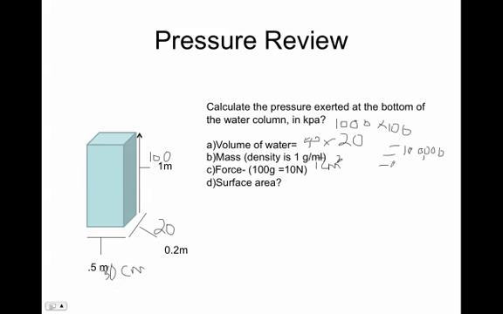The mass is also 100,000 grams. And now we can convert it to weight. So 100,000 grams is the same as saying 100 kilograms.